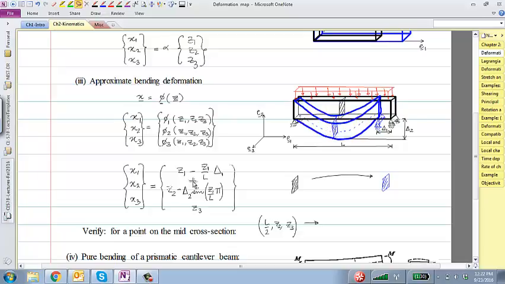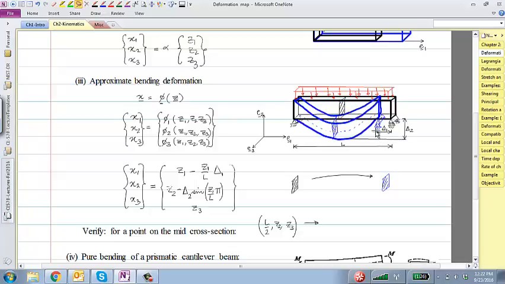So for example, if you think about this black cross section, something in the middle up here, we are saying that anything that has a z1 coordinate, along the E1 axis in the horizontal direction, will get contracted by something like z1 over L times delta 1. What is delta 1? That is the shift of the right end.